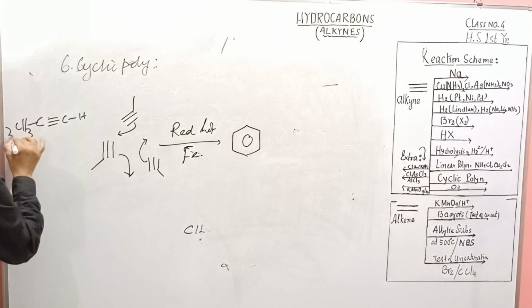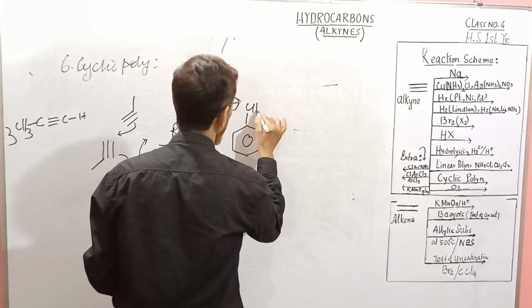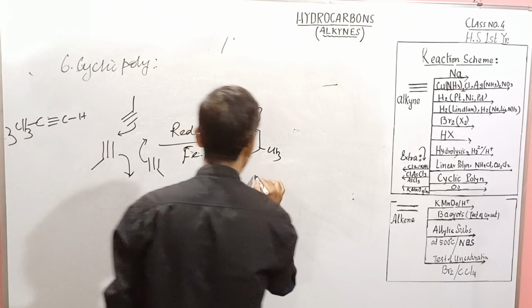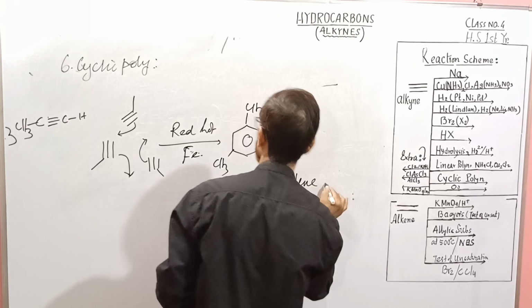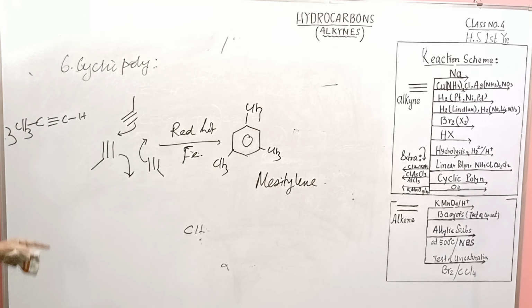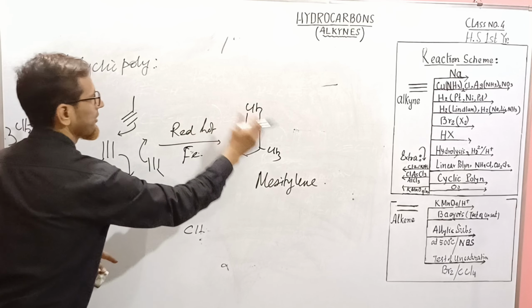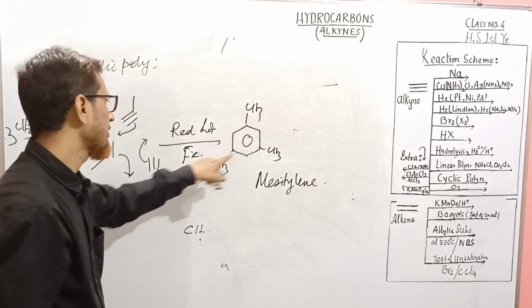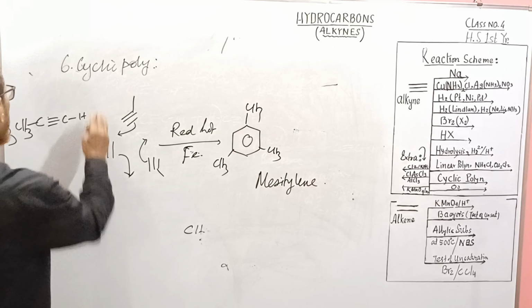So 3 propyne will give you mesitylene. The 3 parts will give you benzene, and the 3 methyl groups will add up in this way. Or otherwise you can write 3 propyne, red hot iron, it will give mesitylene like this, or you can write it symbolically.